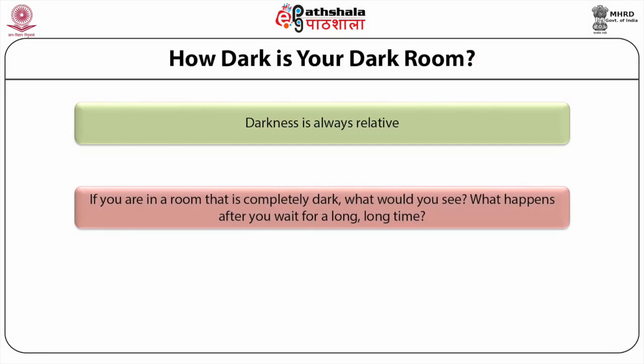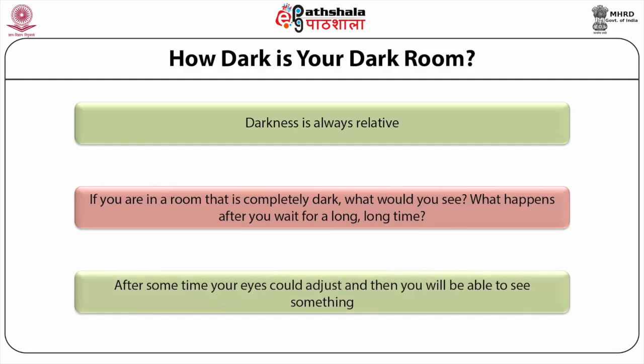If you are in a room that is completely dark, what would you see? What happens after you wait for a long time? This is the question which is generally asked to everybody in the audience: if the room is completely dark, would you still be able to see people around you if you wait a little longer?